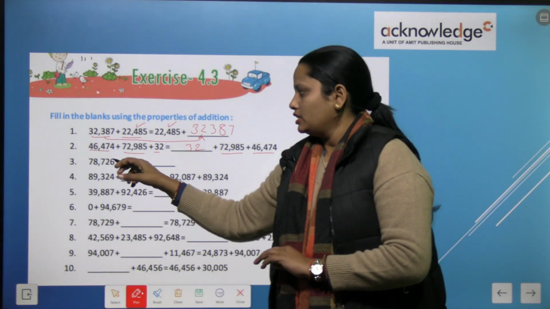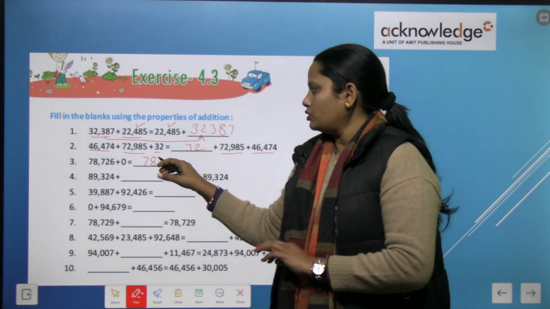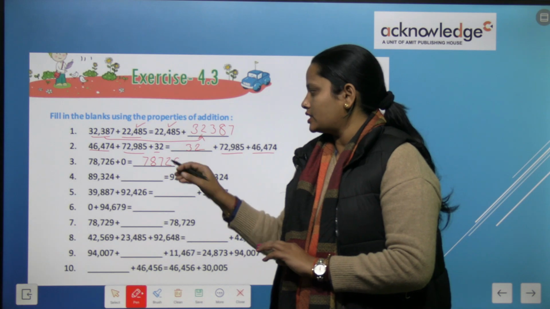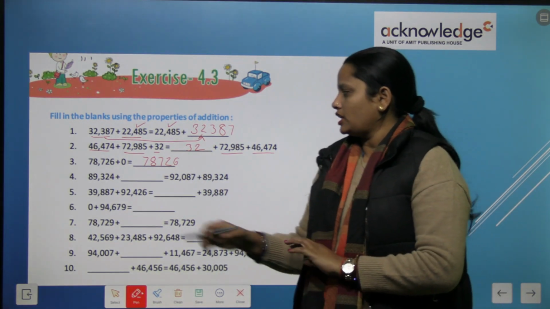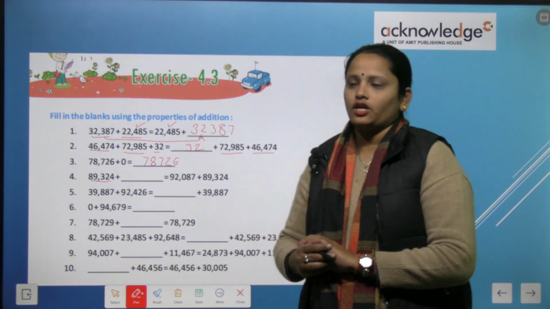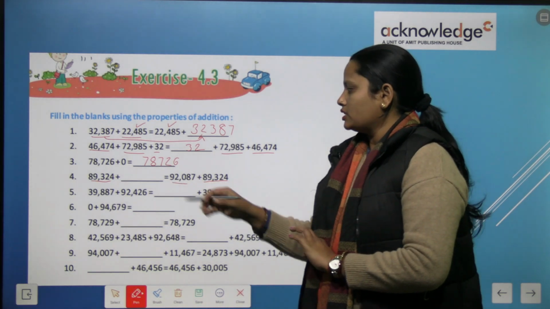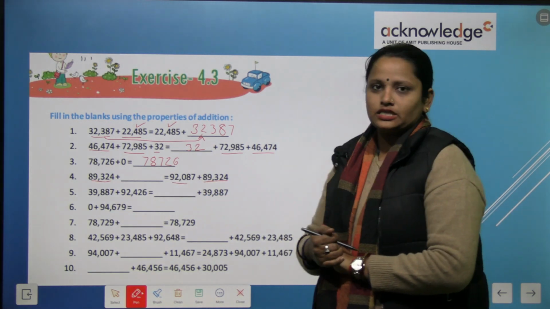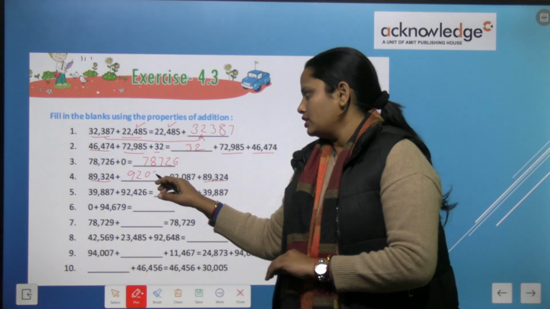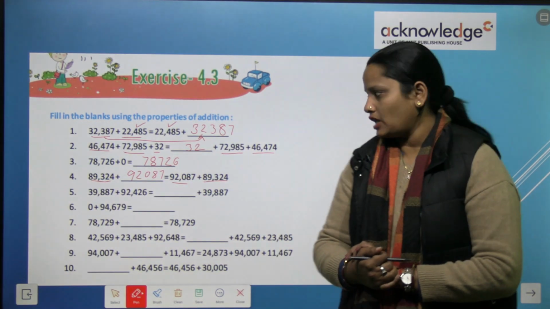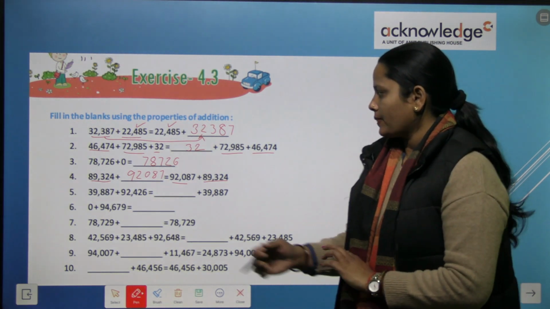Now when we add 0 to this number, nothing will change, ये नंबर सेम वैसे ही लिखेंगे जैसा लिखा हुआ है. अब नेक्स्ट क्वेश्चन है 89,324, यहाँ पे भी 89,324 लिखा हुआ है, बट यहाँ पे 92,087 को हमने ऐड किया है, यहाँ पे नहीं ऐड है, तो चलिए इसे यहाँ पे ऐड कर देते हैं. सो this will be the answer.